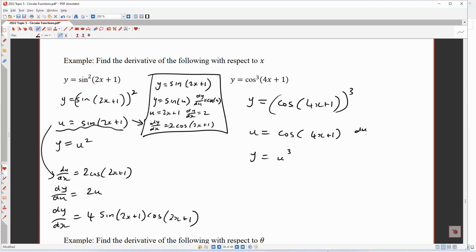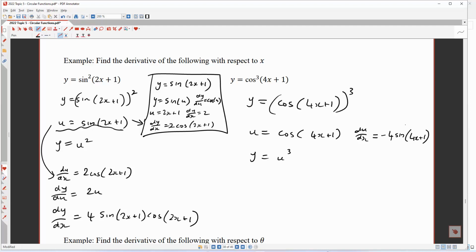Okay, so du dx. Now see if you can see or think what this derivative is going to be. So the derivative of cosine is negative sine. This 4 will float out the front just like it did with this one here when we derived sine of 2x plus 1. So this is going to be negative 4 sine of 4x plus 1.